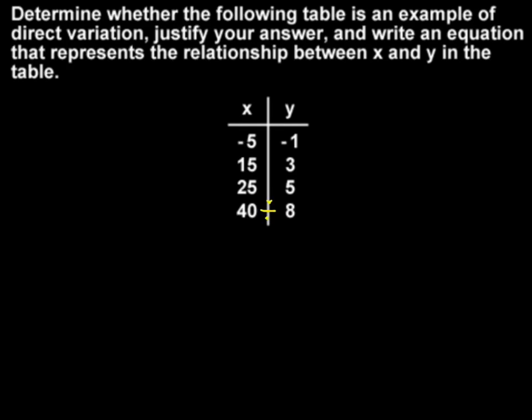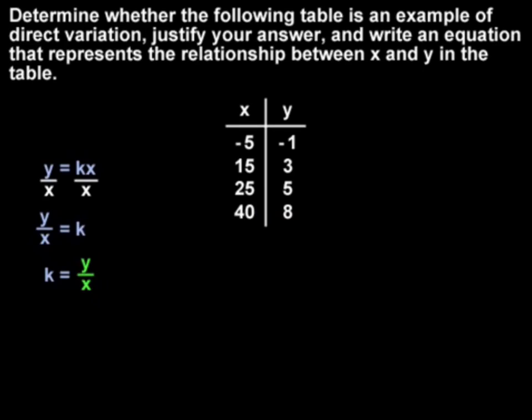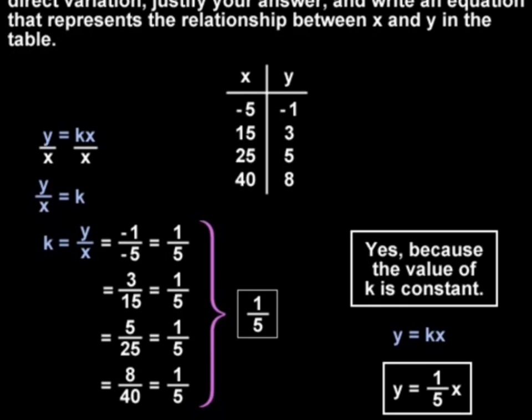What are we doing? The answer is yes, because 1/5, we're dividing by 5. Right? Divide by 5. So, how do we write this equation? We would write this as y equals 1/5 x.